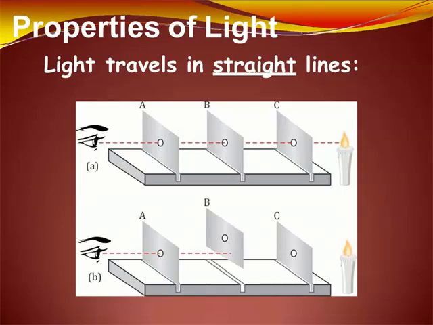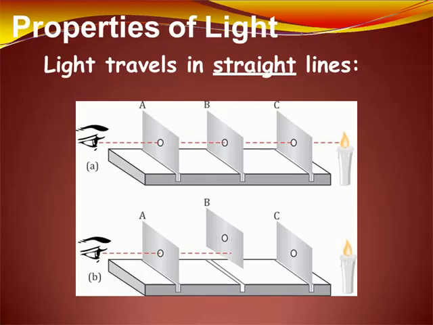As I was discussing, on one side of the boat we have placed a candle, and it has been lit. On the opposite side of the candle is where we have to look, and in between, three boards have been placed: board A, board B and board C. Each has a hole, and that hole is at exactly the same position.